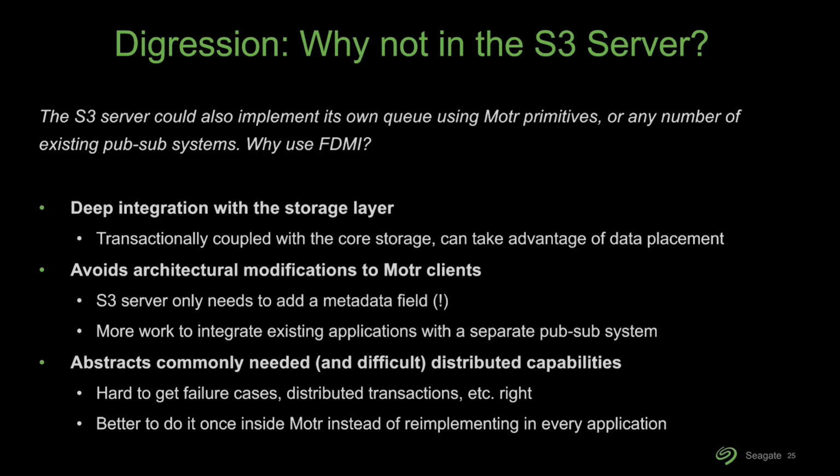So if you're writing your system from scratch, you might not care as much, but if you're working on connecting an existing system to Motor, then the fewer changes you have to make and the fewer architectural changes, the better. The capabilities that FDMI offers are very flexible and can be adapted to a number of common situations. And it abstracts away a lot of the tricky distributed systems problems that we don't want to have to worry about getting right in every client application.